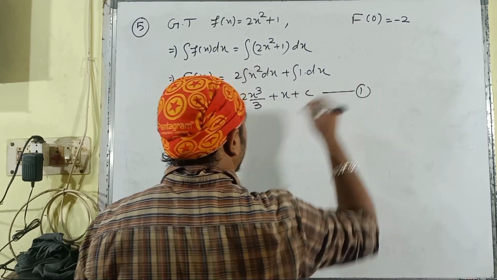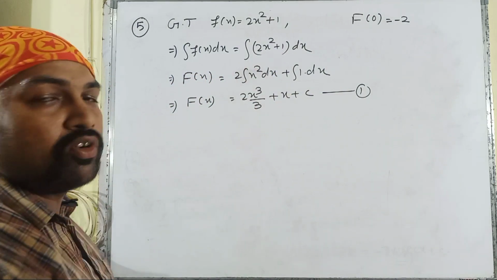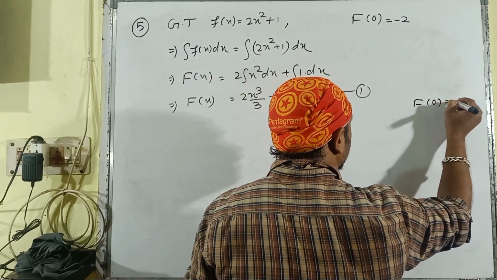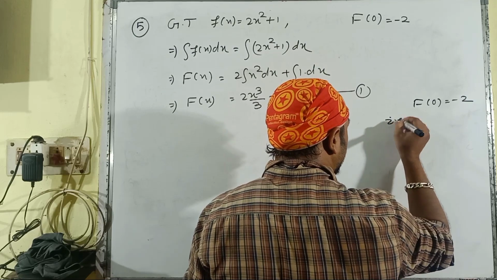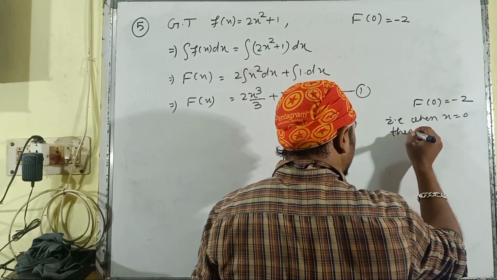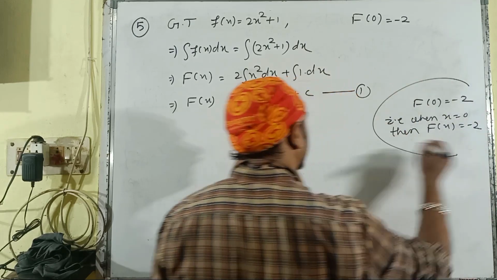and here it is equation number 1. It is given that F of 0 is equal to minus 2, that is when x is equal to 0, then F of x is equal to minus 2.